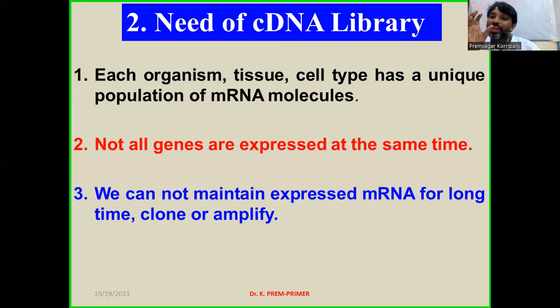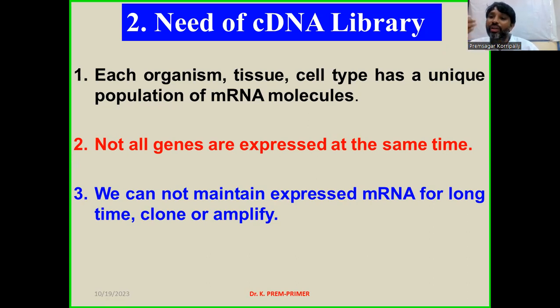So when you have a cDNA library of a particular cell under a particular condition, you can sequence all the clones, and you will know what genes are expressed in that condition, and which genes are required for that condition. Right?